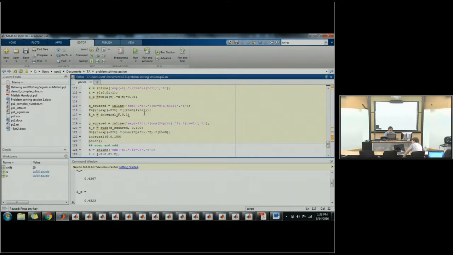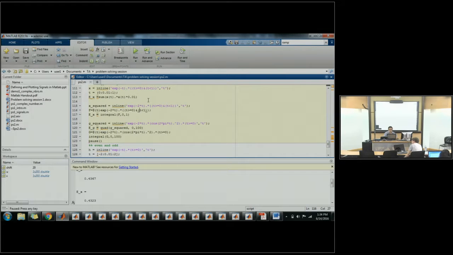The function I've defined over here in a different format, both of these definitions give me the same function, just be sure of it. These are just two different ways of defining the function over here. One is inline. I'm using a different format because inline and quad are commands that MATLAB is going to obsolete in some time, so you might not have it in future.